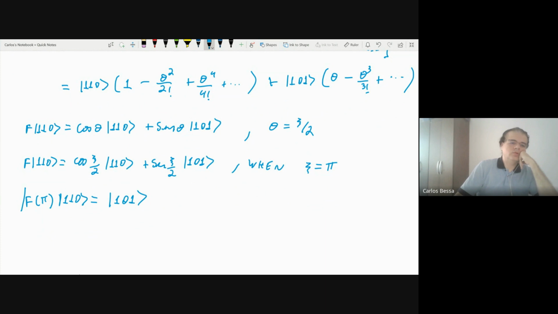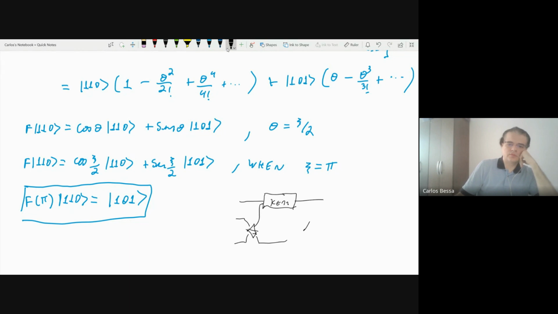This is important. Remember the figure? It's like the Kerr medium, and we have the beam splitters. So it's ABC.